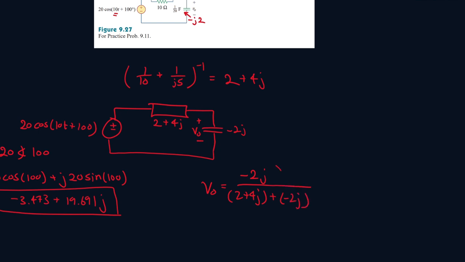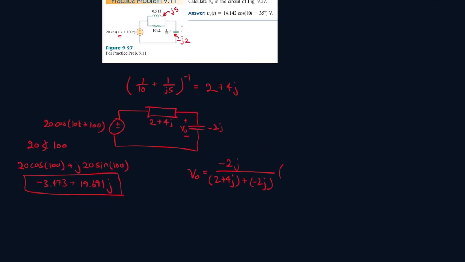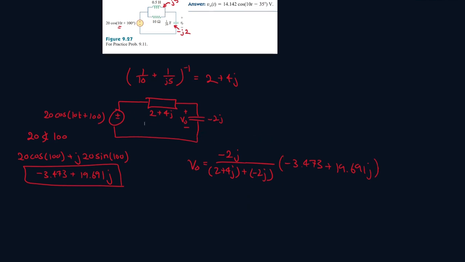We're looking for the voltage at the minus 2J impedance, this part, so we put that up here as these two are in series. Then we multiply it by our source, which was minus 3.473 plus 19.691J. I pretty much did some voltage division here. You could do a mesh instead. That's also perfectly allowed.